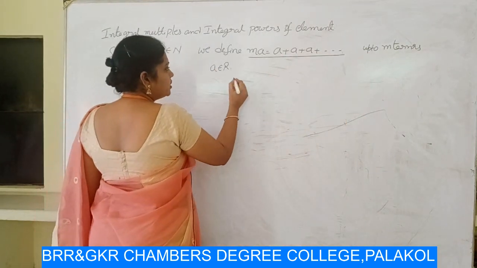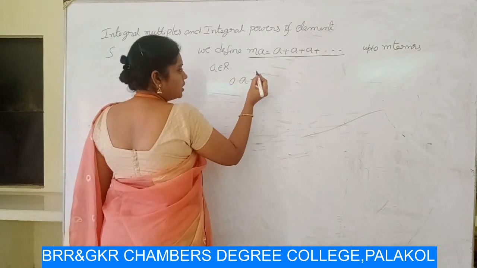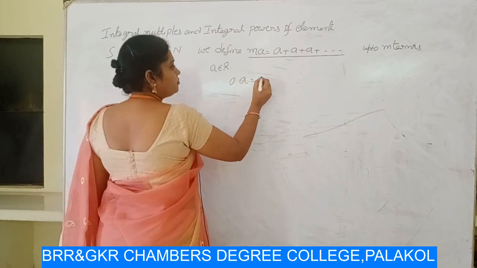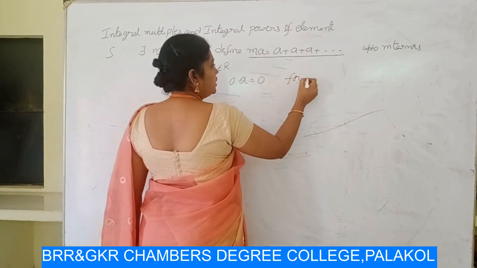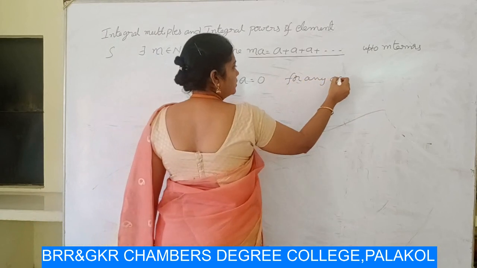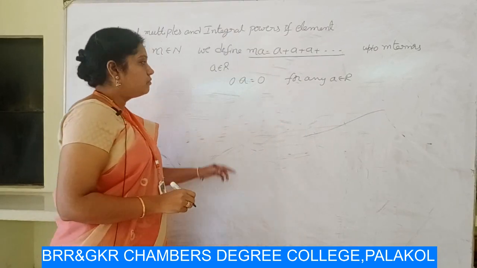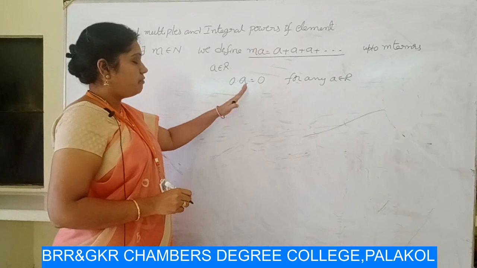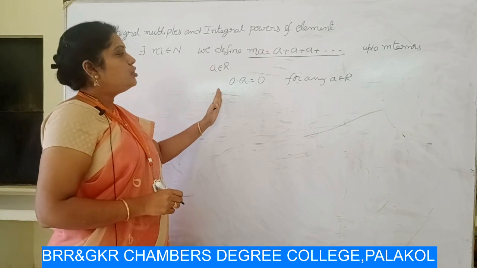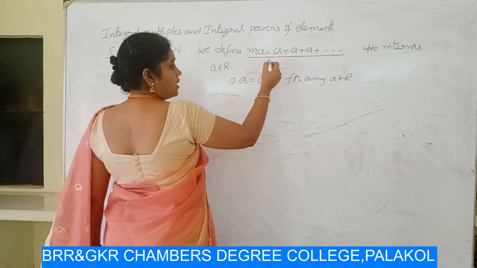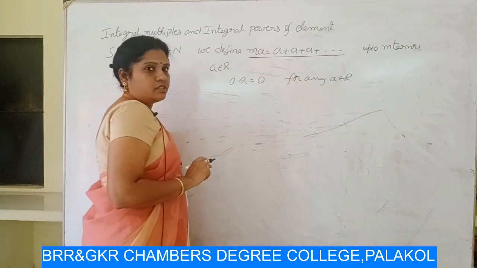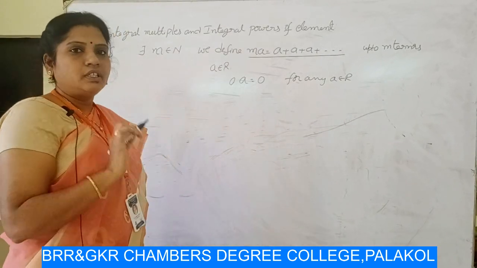Again we define 0 into a is equal to 0 for any a belongs to R. Here the left hand side 0 is the integer 0, and the right hand side 0 is the zero element of the ring.